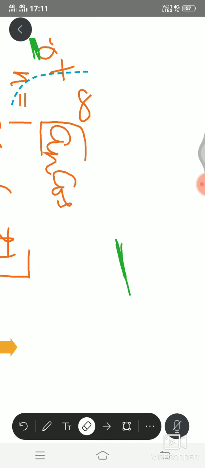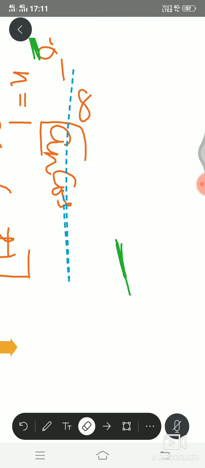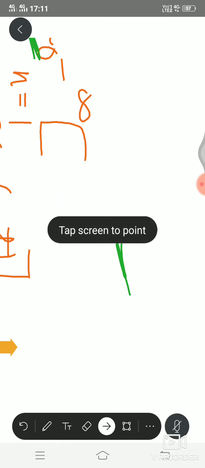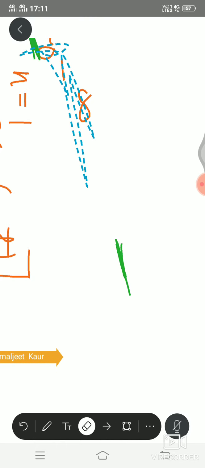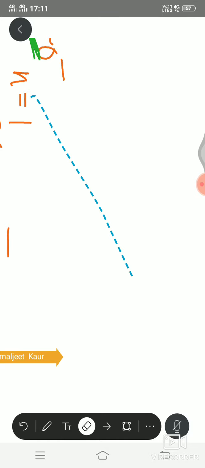Can't we do it like this, selection and then eraser? No, it is not helping. From your end you can't delete? Means you can't help me in erasing. Hello?